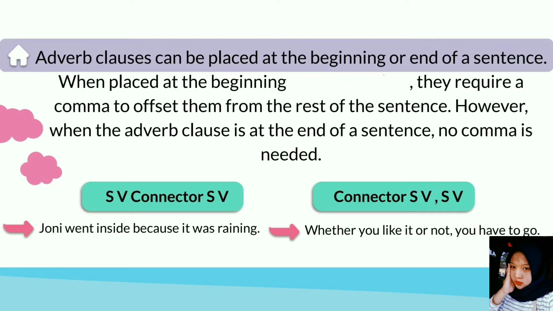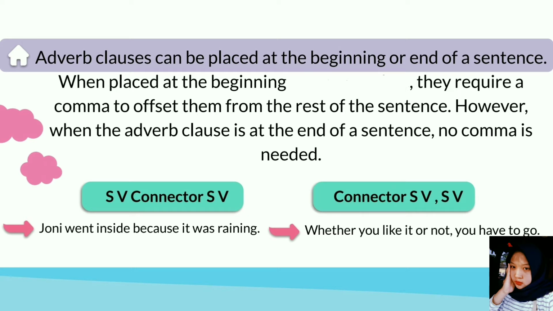Adverb clauses can be placed at the beginning or end of a sentence. When placed at the beginning, they require a comma to offset them from the rest of the sentence. However, when the adverb clause is at the end of the sentence, no comma is needed. The structure is subject verb connector subject verb, and connector subject verb comma subject verb.